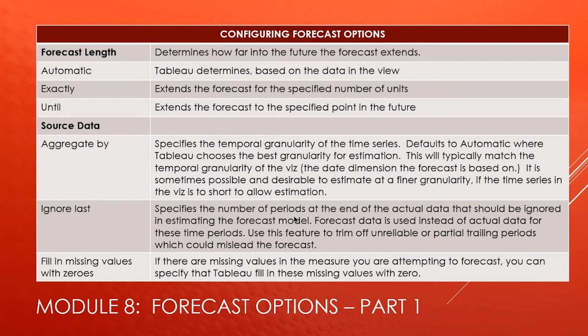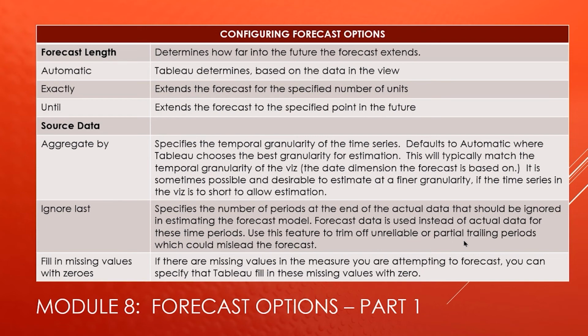Then you have ignore last, and that specifies the number of periods at the end of the actual data that should be ignored in estimating the forecast model. I believe it defaults to the last one period. Forecast data is used instead of actual data for these time periods.